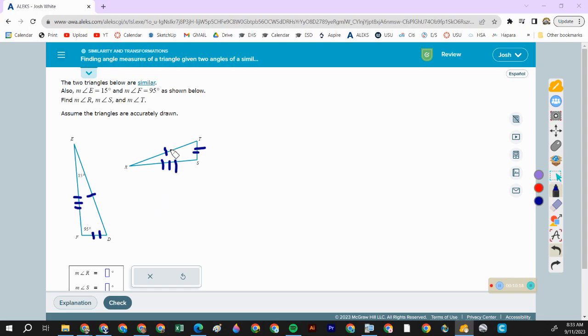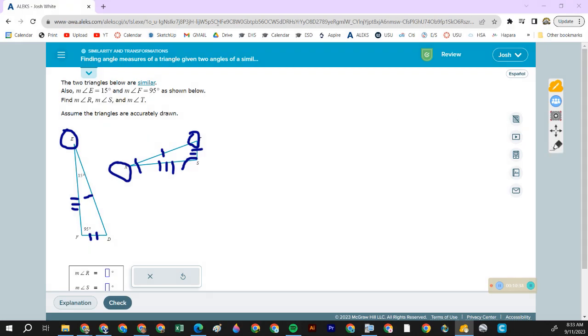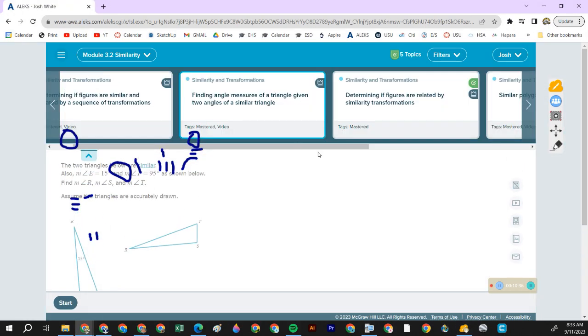So if we look, the angle that touches the 1 and the 3 over here will also touch the 1 and the 3. So this angle is 15, which means this angle is 95, and then you just subtract them from 180 to figure out that last angle. Okay.